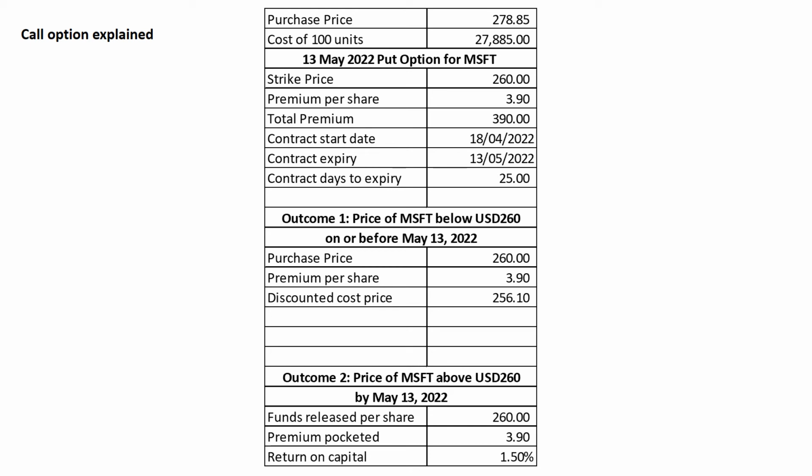Outcome number two is on the 13th of May 2022, Microsoft shares are trading above $260.